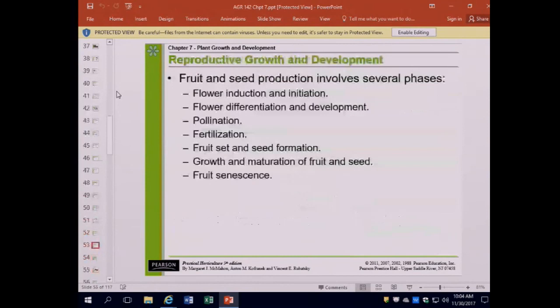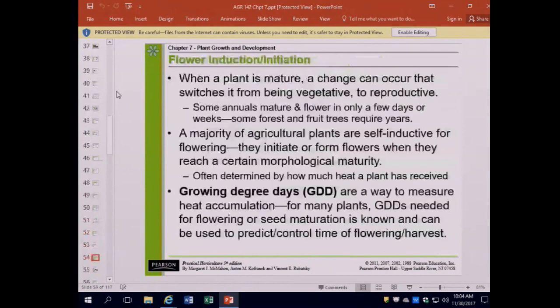There's another term here that we haven't talked about at all, and that's the use of growing degree days. Growing degree days is a way that we measure the heat accumulation for many plants.